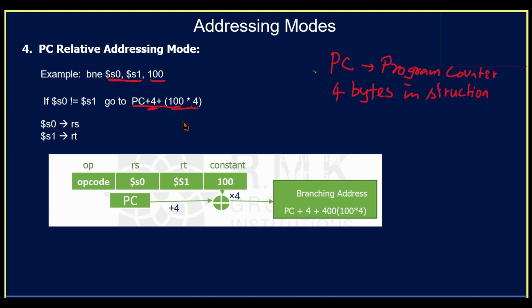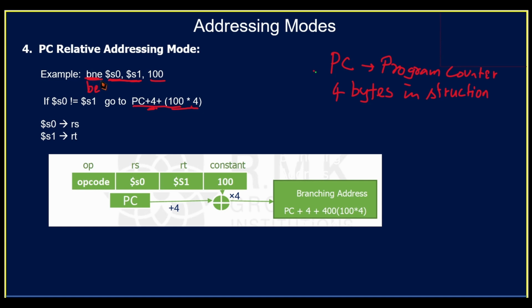For example, like your if instruction in a high level language. If both are not equal, even you can use branch equal. BE means branch equal. You can use the same thing. In that case, if these two registers are equal, then it will go to this location, PC plus 4 plus 100 into 4. So like that, you have many conditional instructions, but the basic concept is the same, only the syntax differs.